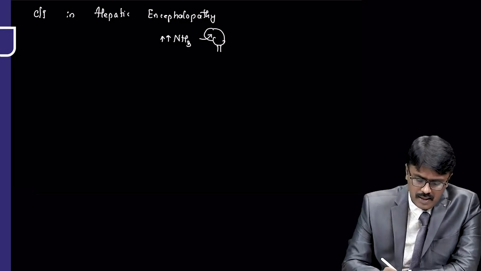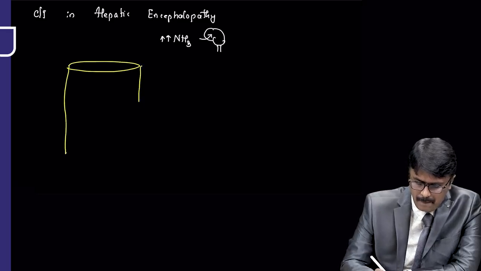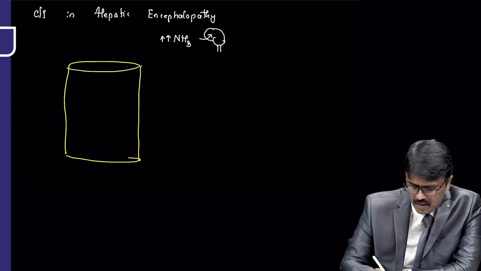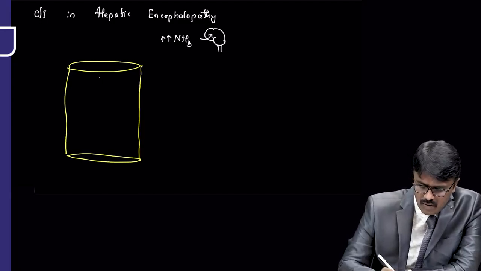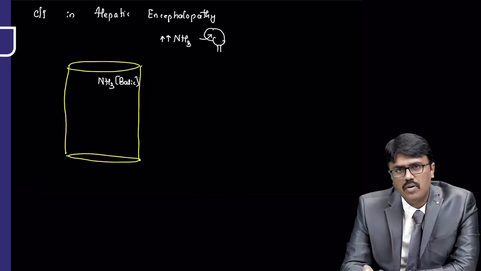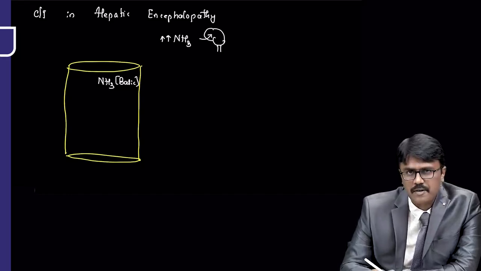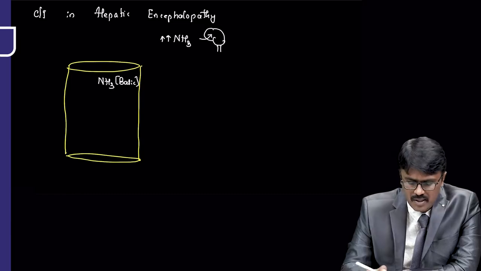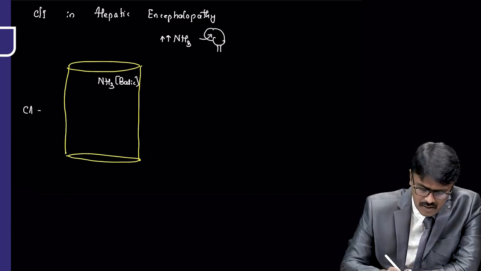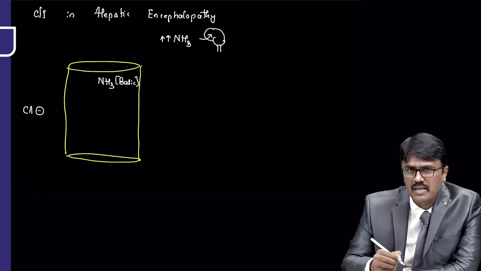Now, what happens in the kidney? Let me write the nephron here. This is the PCT. Now, the ammonia is a basic substance. Ammonia is basic in nature. Now, we need to throw the ammonia out, but ammonia can get reabsorbed back and it will worsen hepatic encephalopathy. Now, when I use carbonic anhydrase inhibitor, can you tell me what do they do with the urine? Will they make the urine acidic or alkaline?